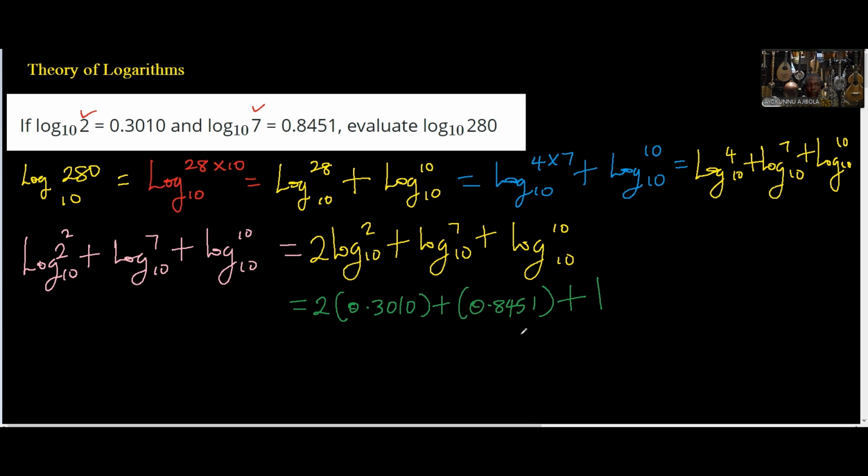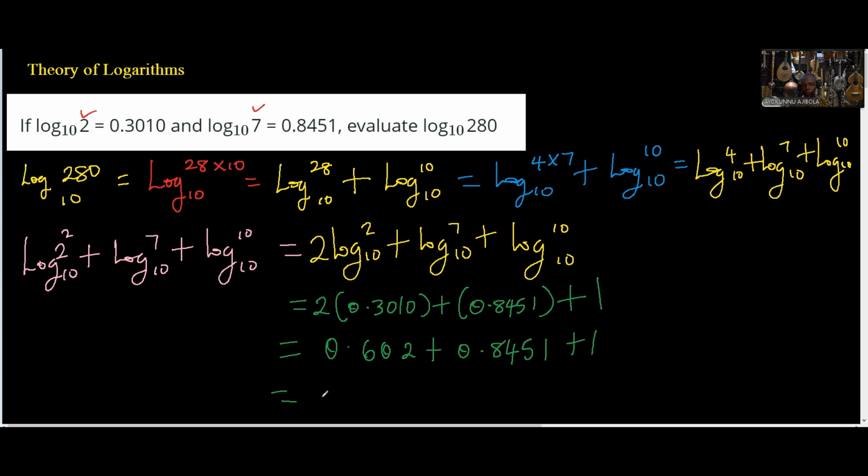So what we have now is 2 times 0.3010, and that's going to give us 0.6020, which is just 0.602, plus 0.8451, then plus 1.